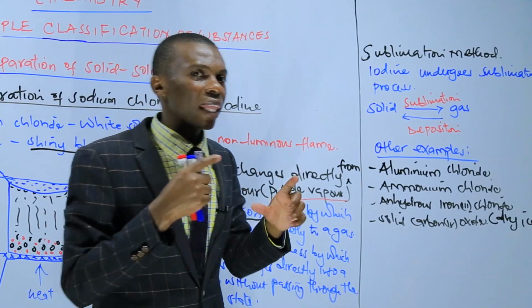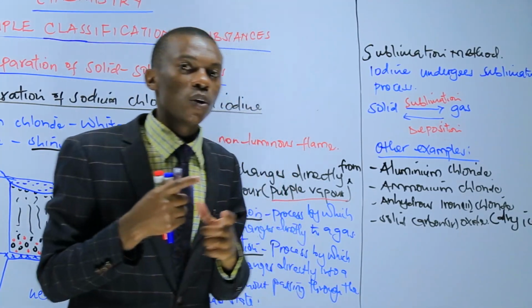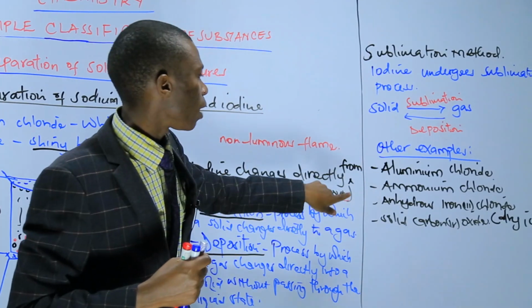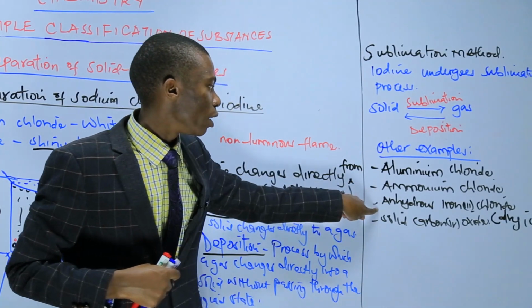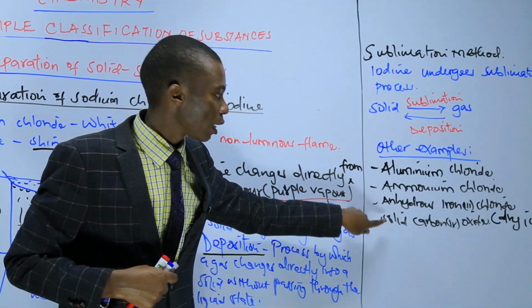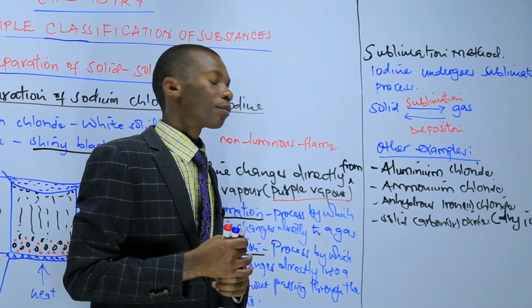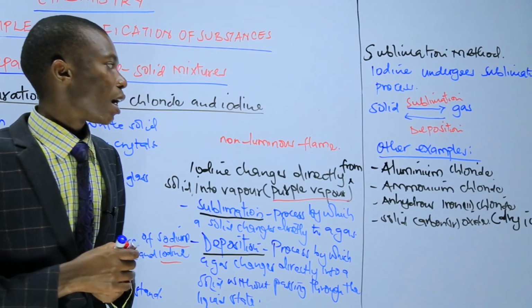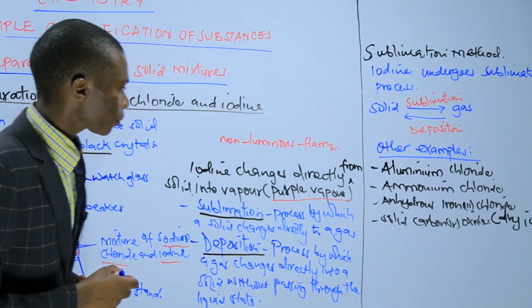Then I've given you other examples of substances which undergo sublimation. We have aluminum chloride, ammonium chloride, anhydrous iron 3 chloride, and also solid carbon dioxide, which is also called dry ice.